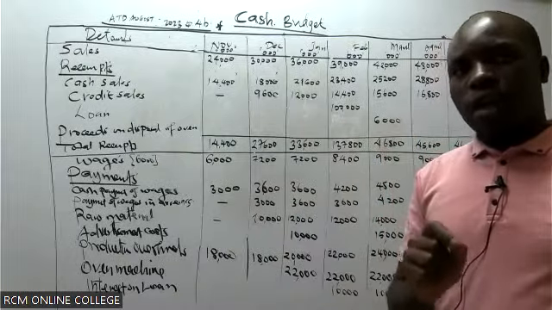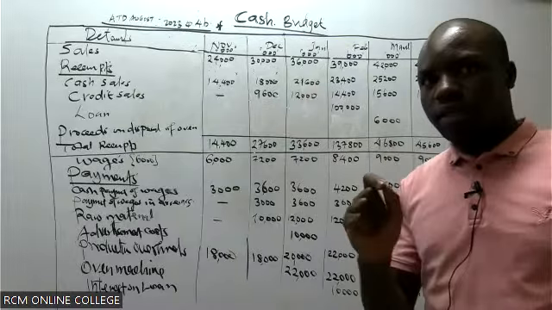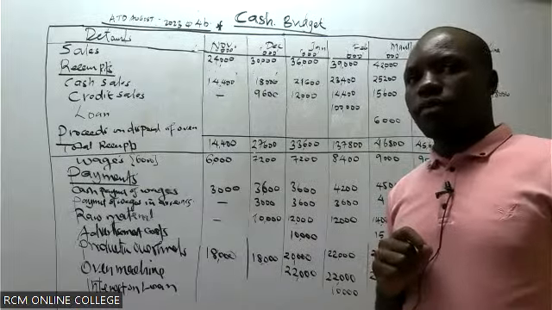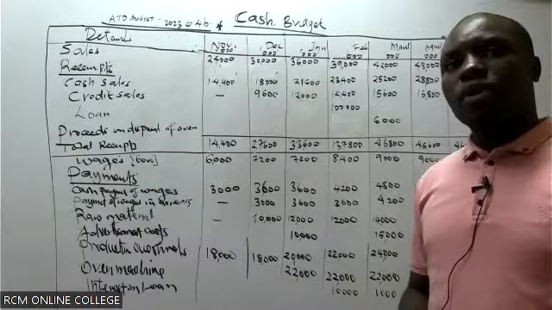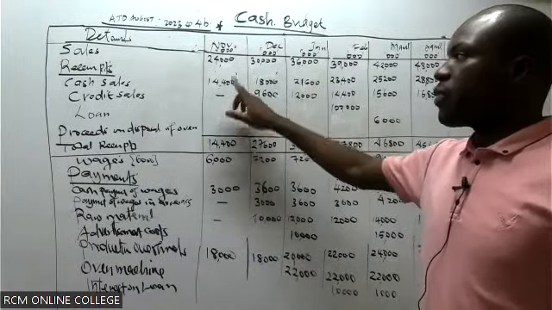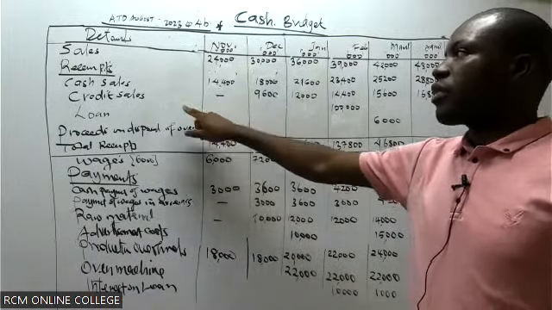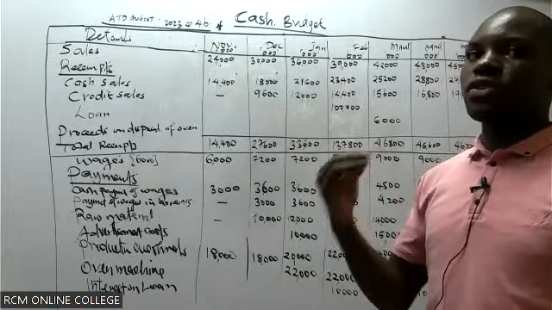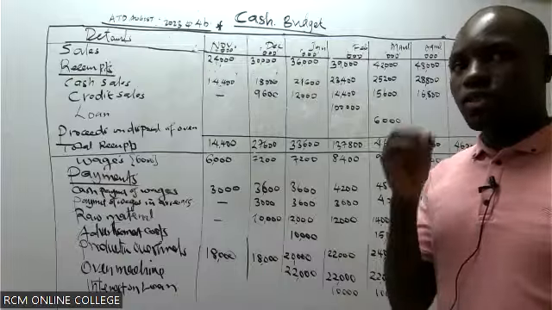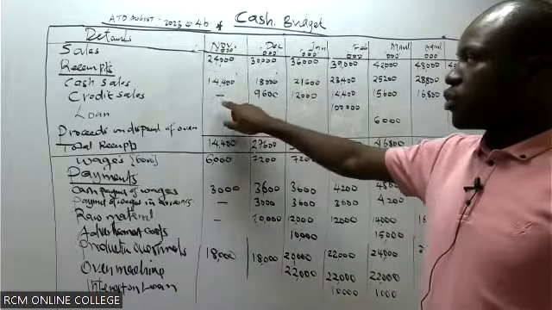Is there somewhere you're going to write a check to pay for the bad debts written off? The answer is no. You will not incur any amount of money. So the bad debts written off will not be recorded here as receipts or payments. It's just an expense that you're going to charge. It reduces your receipts, but it is not affecting what you are going to receive here.